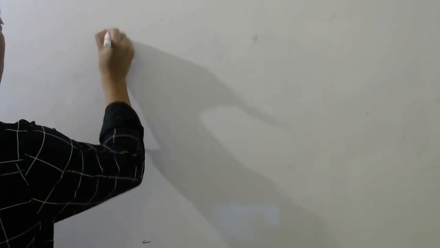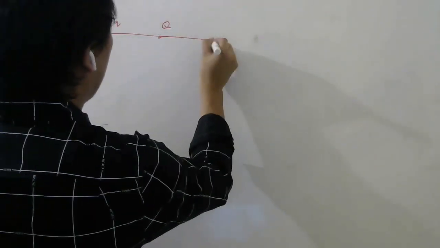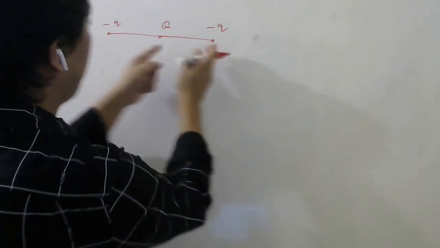If the total potential energy of the three charges is zero, so they are saying the potential energy of the system is zero, what is the ratio capital Q by small q? So one charge is minus q, the other is capital Q, the third is also minus q.